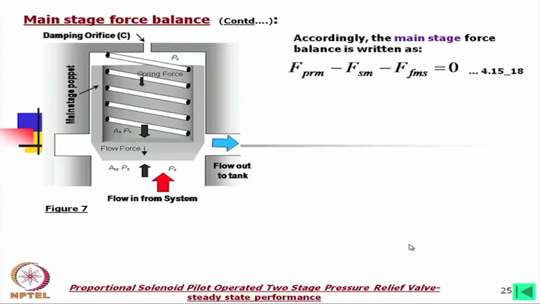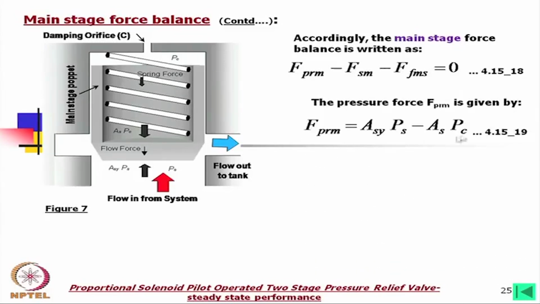So, according to the main stage force, we can write down these equations. The pressure force F PRM is given by this: this is the area and this is the pressure here, and this is the area there, and P C is the pressure here.